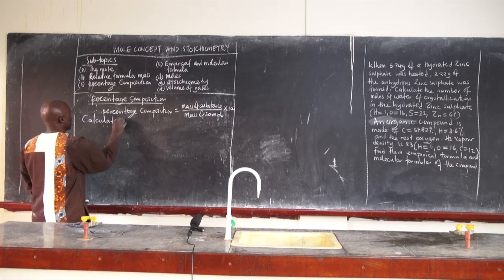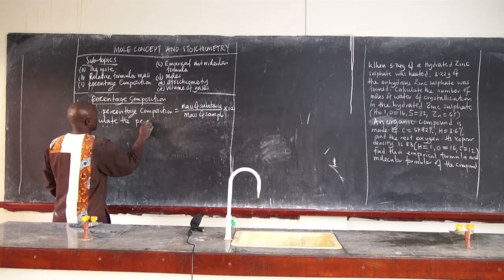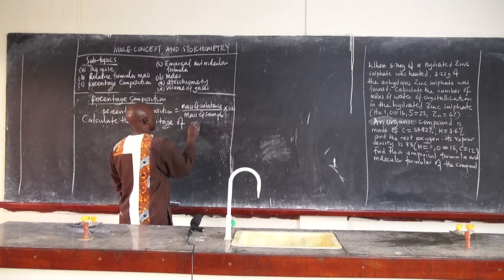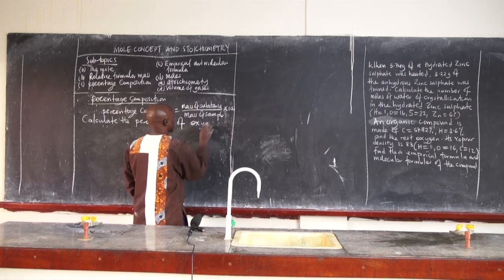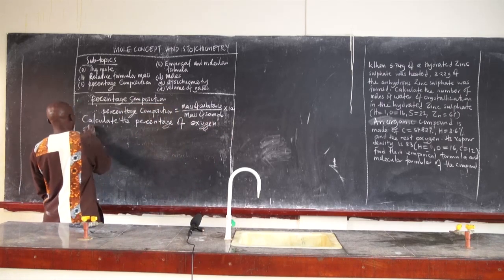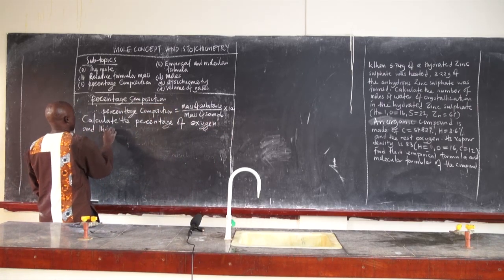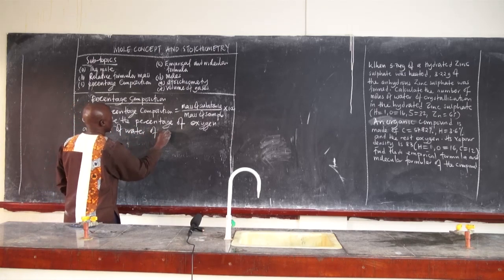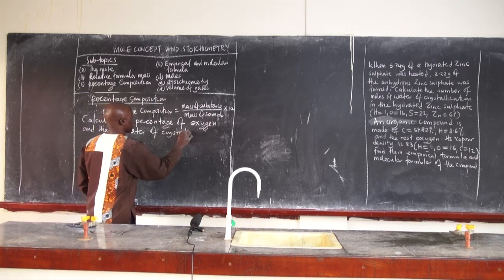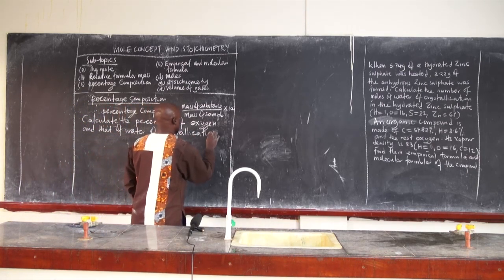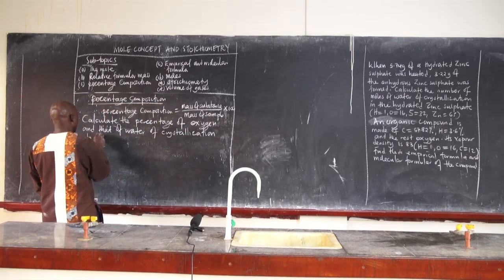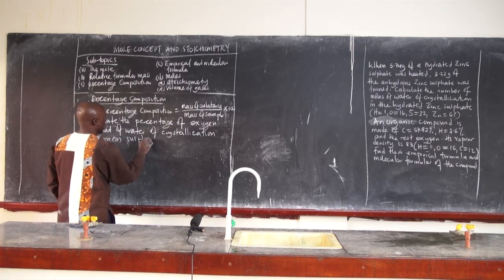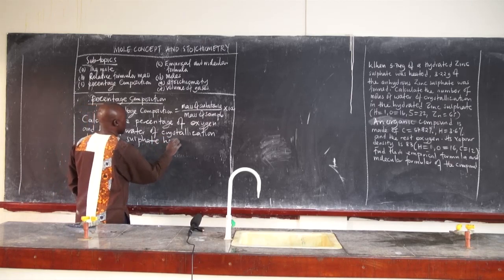So let's dive into one example here. Calculate the percentage of oxygen and of water of crystallization in iron 2 sulfate heptahydrate.